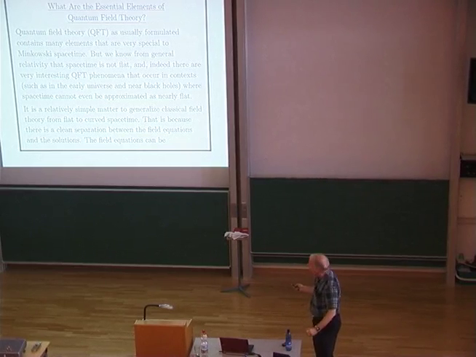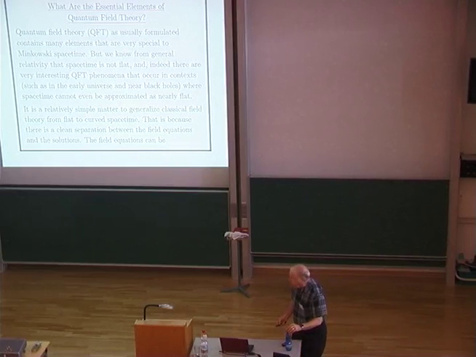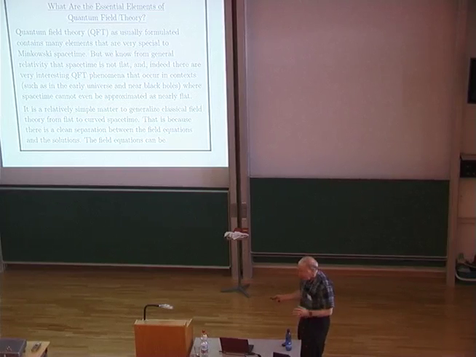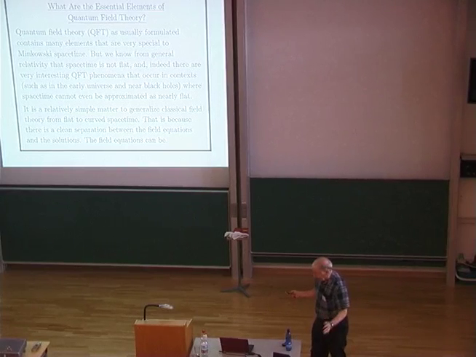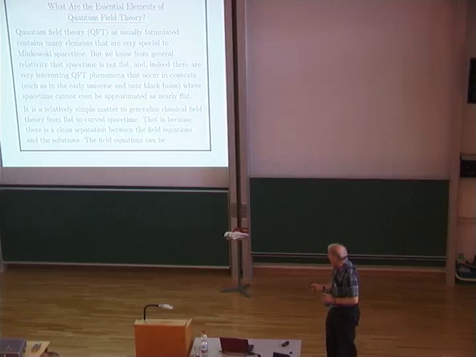Now, in classical field theory, one has in some sense the same issue. We know Maxwell's equations very well, classical electromagnetic theory in flat space-time, and we'd like to have that in curved space-time.